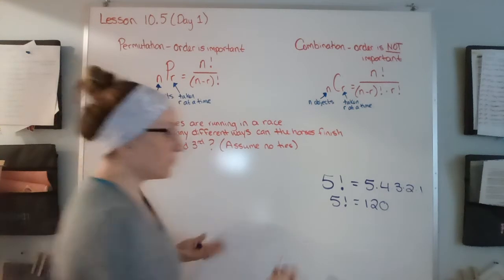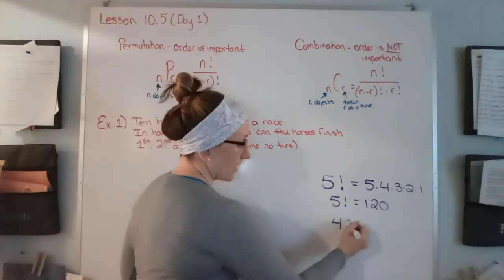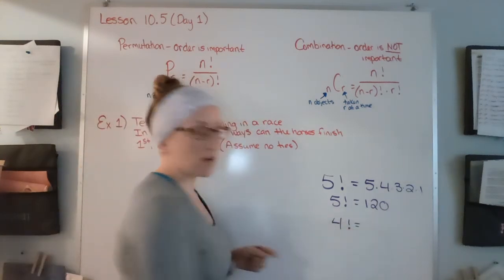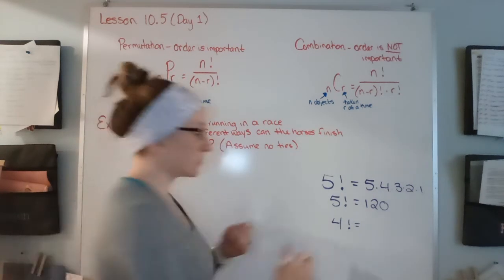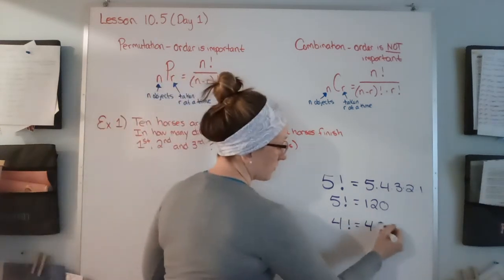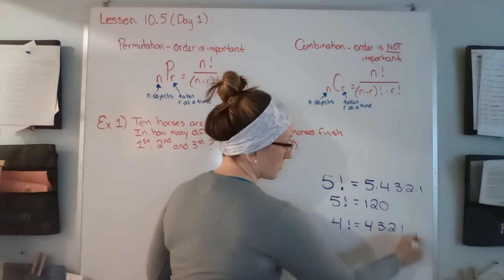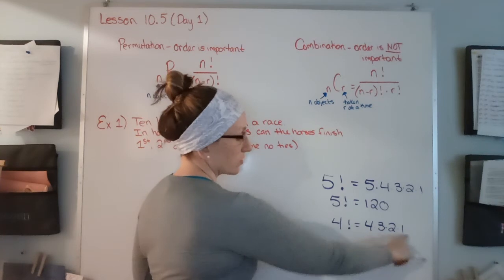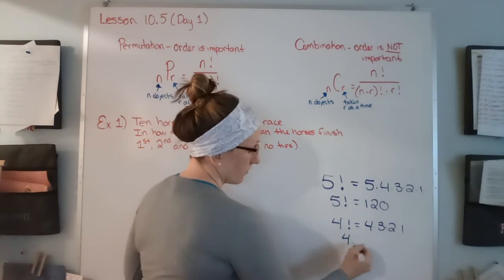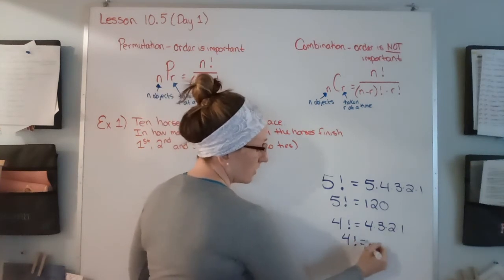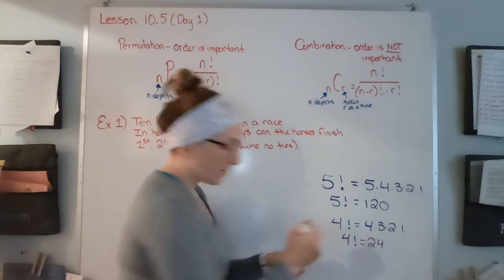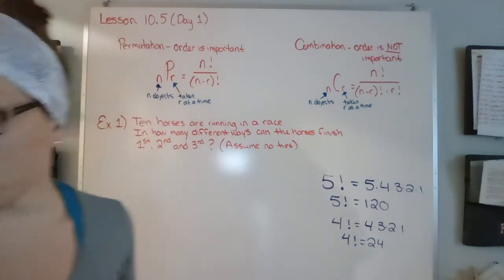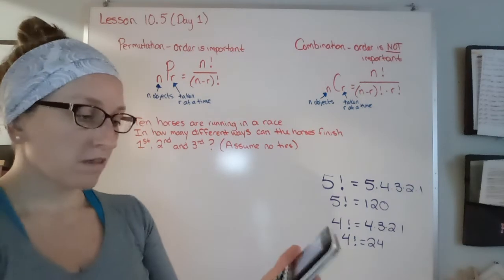If we were going to do 4 factorial, it is the product of 4 times 3 times 2 times 1. So 4 times 3 is 12, 12 times 2 is 24, 24 times 1 is 24. So 4 factorial is equal to 24. There is a button on the calculator, and I'll show you where that is now.